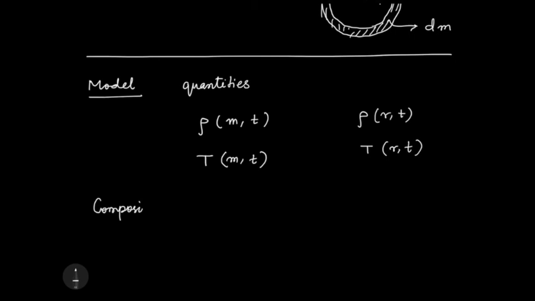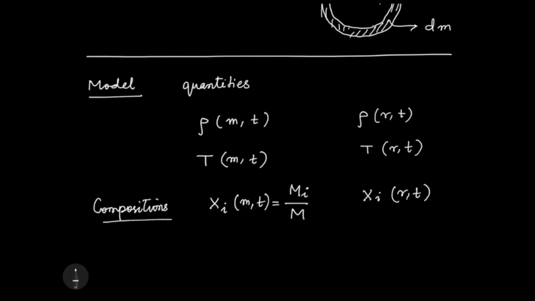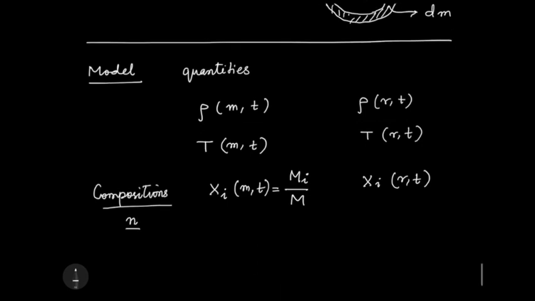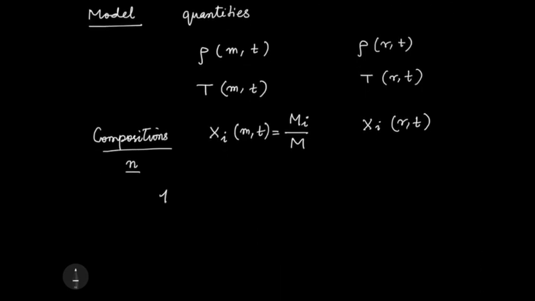And then I have compositions. If I consider the ith element, I call something xi, which is a function of m and t again. This is the mass of the ith element divided by the total mass. And again, this can be written in terms of m and t, or r and t. And for the compositions, there can be some n elements in general.